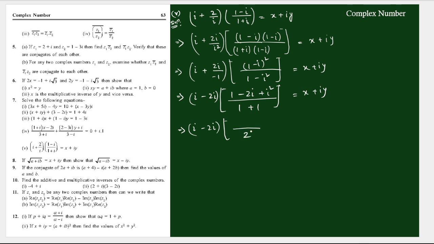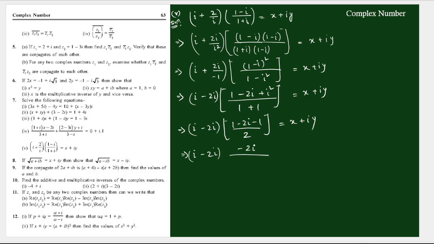Then here we have got 2. 1 minus 2i minus 1. x plus iy. i minus 2i. Okay. Then here we have got 1 plus 1.